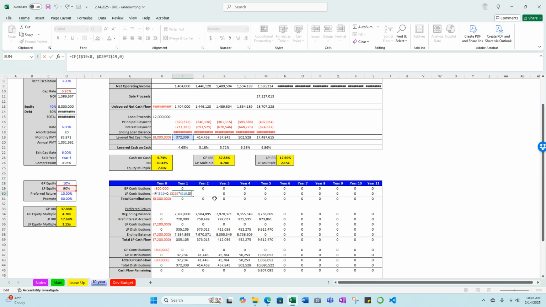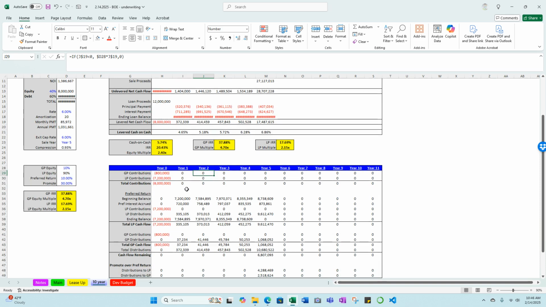Kind of the same logic here, just with the LP. Basically saying the levered net cash flow in year 1 is less than 0. Then you have the LP equity percentage times the levered net cash flow. And we're just dragging that across.